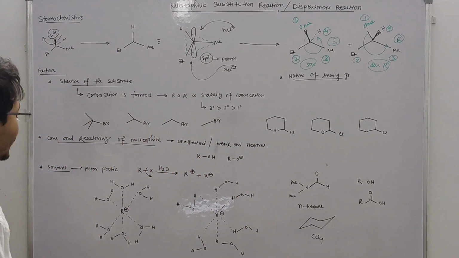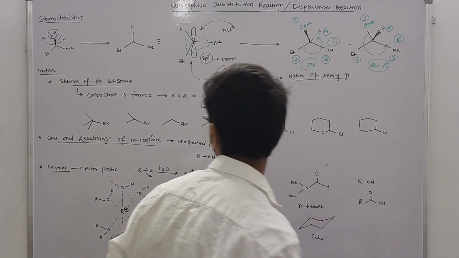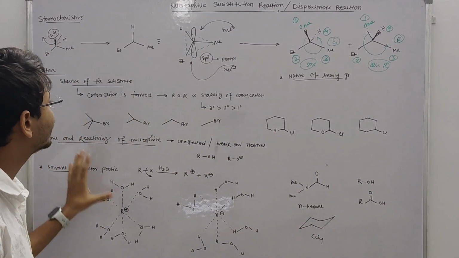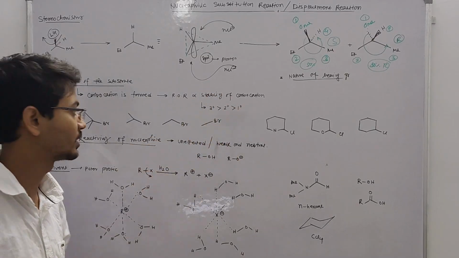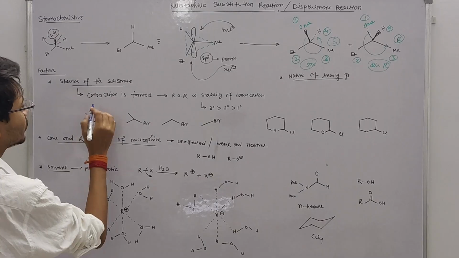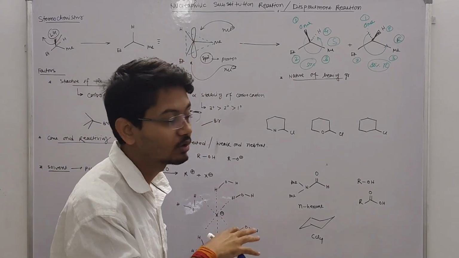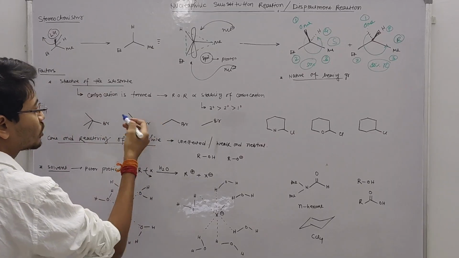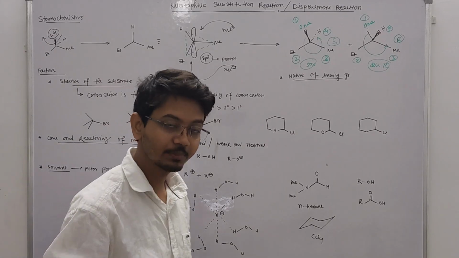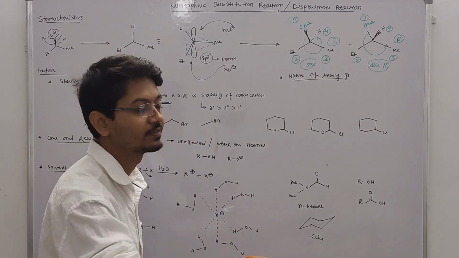So clear? Now there are something called factors. How many factors can affect this particular SN1 reaction? The first factor is the structure of the substrate. As I mentioned, a carbocation is forming in this reaction. Whenever the carbocation becomes stable, that reaction is more facile and the rate of the reaction is very high.